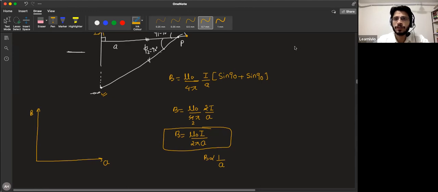Sir, hyperbola. Hyperbola. This will be the shape of the graph. When you increase A, then B will decrease. Okay? Yes, sir. This is the shape of the graph.